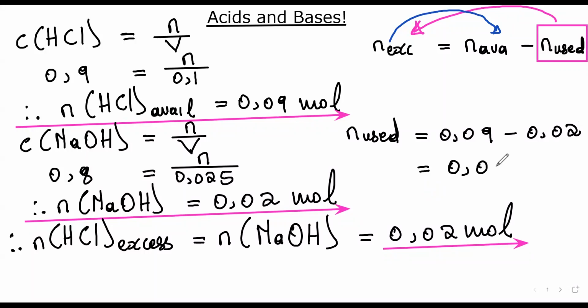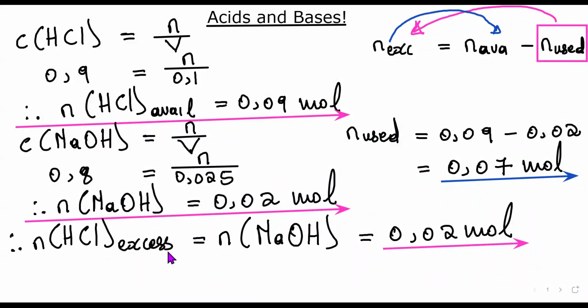So if you find the difference between those two, you find that the number of moles that reacted with the metal carbonate will just be 0.07.